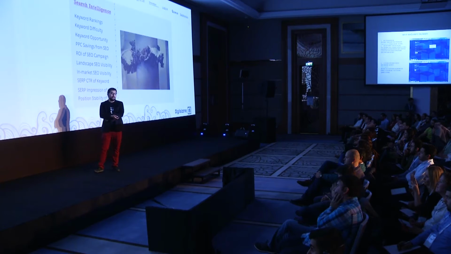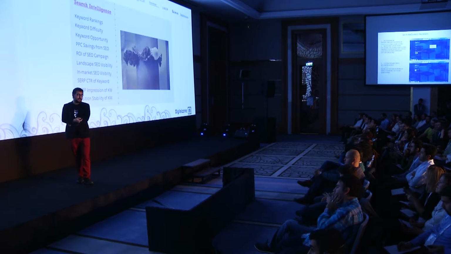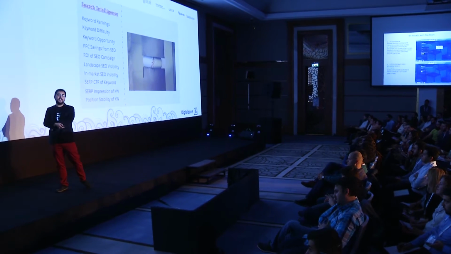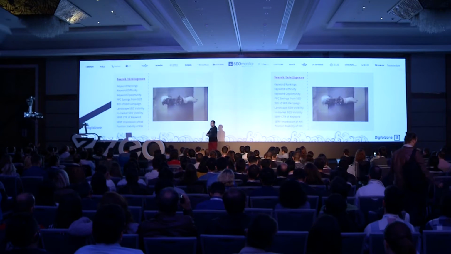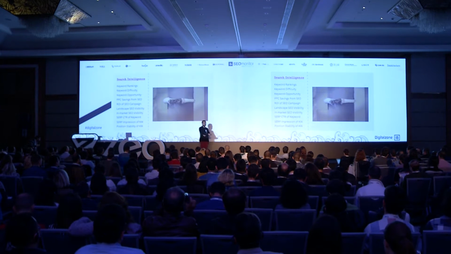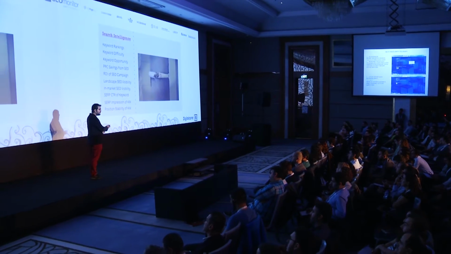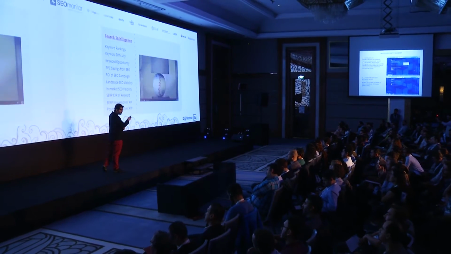Mainly we are using SEO Monitor for keyword rankings, difficulty, and opportunity. Maybe you might consider knowing how much PPC budget we save after increasing SEO rankings. Also, it's another case to calculate the return on investment of SEO. So the CTR of SERP and the impressions and this kind of metrics and blah, blah.